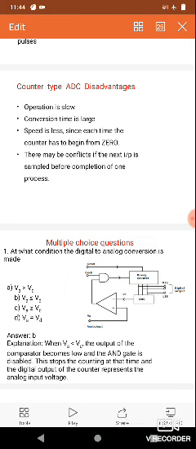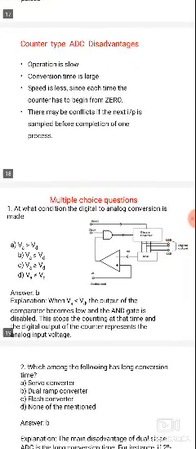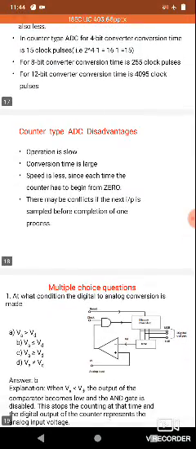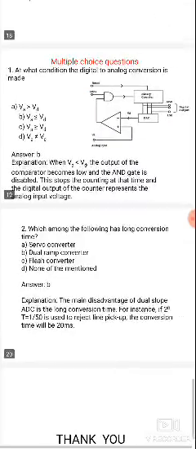Each time we reset and start from 0. So the conversion time is maximum and the operation is slow. Maximum conversion time is the main disadvantage of the counter type.